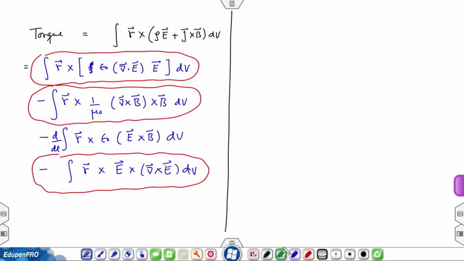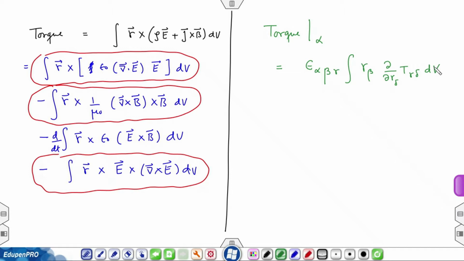In particular, let us write the alpha-th component of the torque: it was equal to epsilon alpha beta gamma integral r beta, then I will have the force term, d by dr delta of T gamma delta dV.